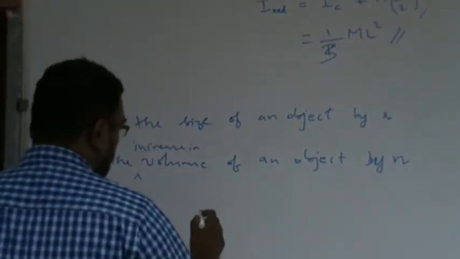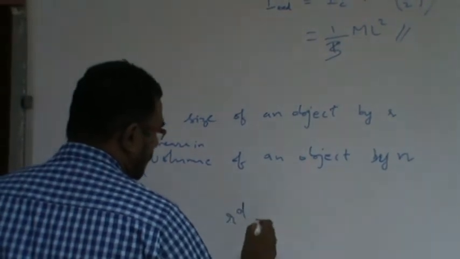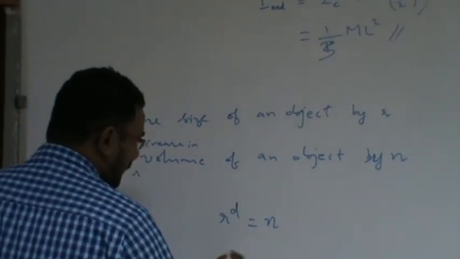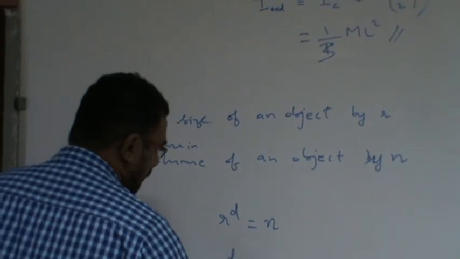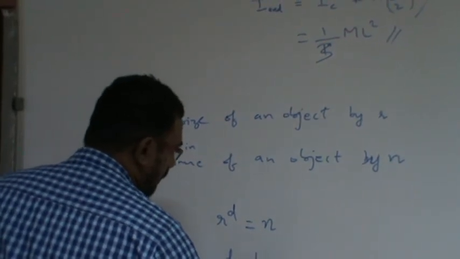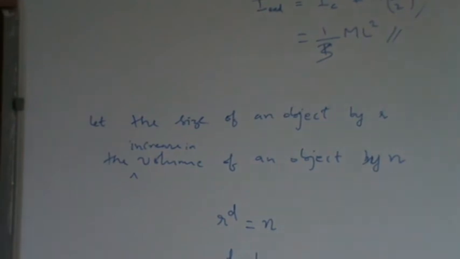Therefore R power D is equal to N. So take logarithm on both sides. D is equal to logarithm of N by logarithm of R. So this is the idea.